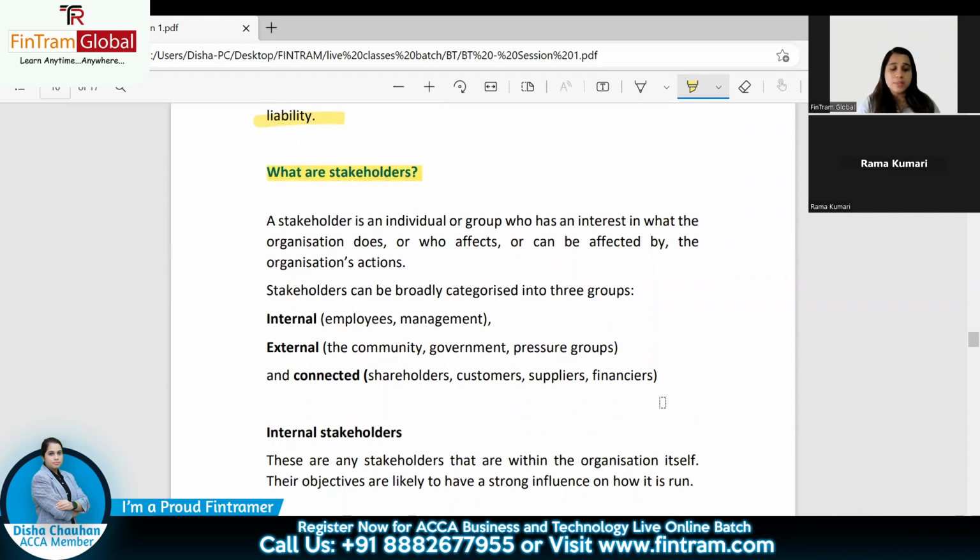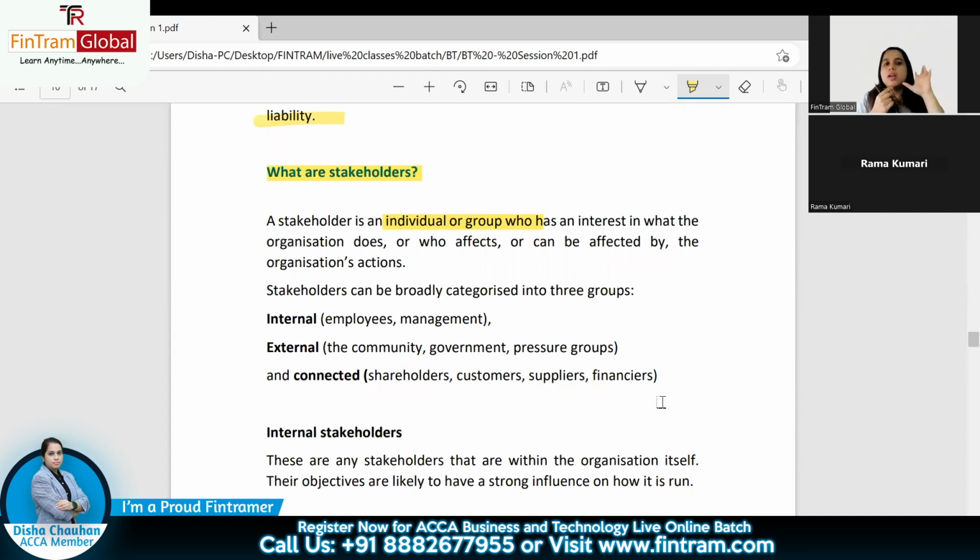So we will also quickly touch upon the stakeholders. We have covered the business organization aspect. We'll quickly touch upon stakeholders, because we have crossed the one hour limit. A stakeholder is an individual or group who has an interest in what an organization is doing, or could get affected by what the organization is doing, or can affect the organization's actions.